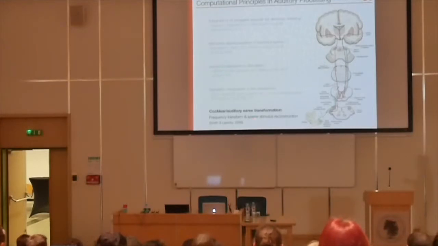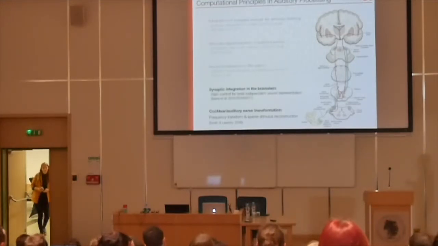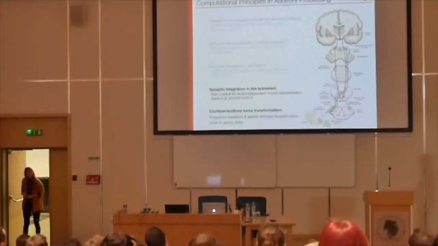So on the lowest level here you have the cochlea, where the sound is coming in and is first transformed into neural signals. And there, what I'm going to tell you today is about how the frequency transfer happens and what sparse stimulus reconstruction tells us about why the representation is the way that we find it. Then the second level here, in the brainstem, you have synaptic integration.